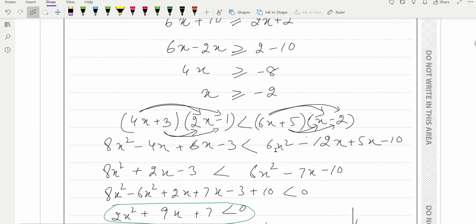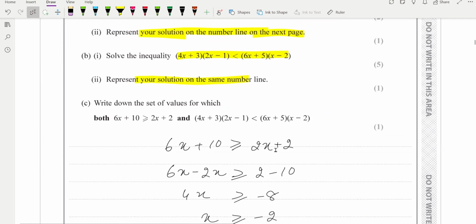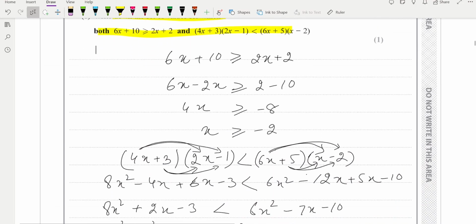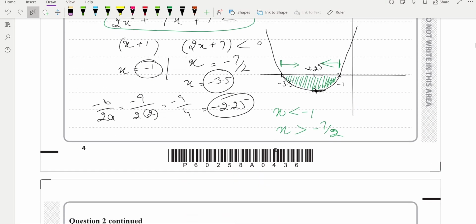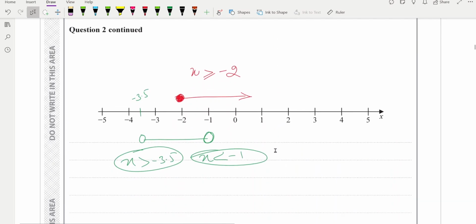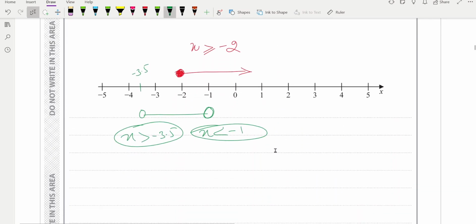Now in the final part of this question, write down the set of values for which these two equations are satisfied. So what will be those set of values? Those set of values will be in between this one, which will be x should be greater than or equal to minus 2 and less than or equal to minus 1.